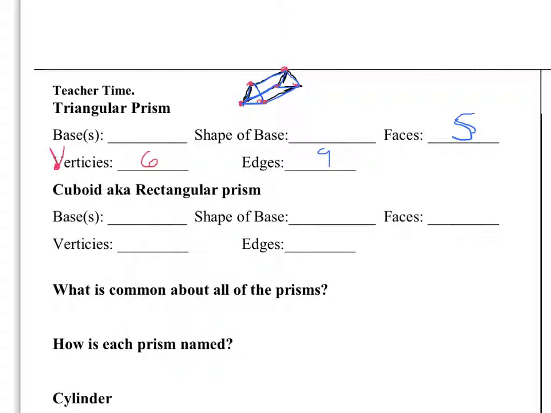So when I'm looking at this particular shape here, I see that there are 2 triangles directly across from each other, which means those 2 triangles are both bases, which means I have 2 bases. And what are the shapes of the bases in this one? I just said it. Everybody? Triangles.